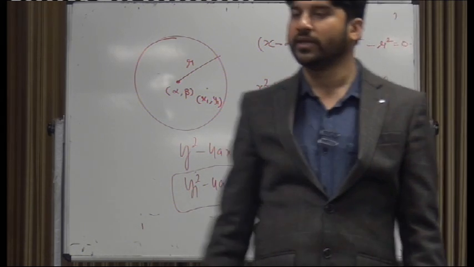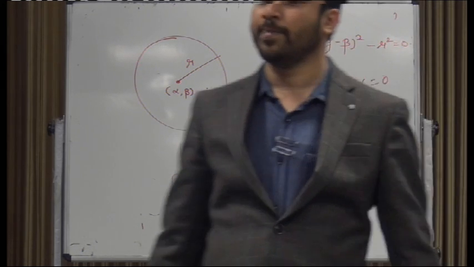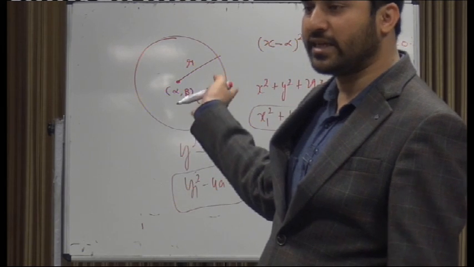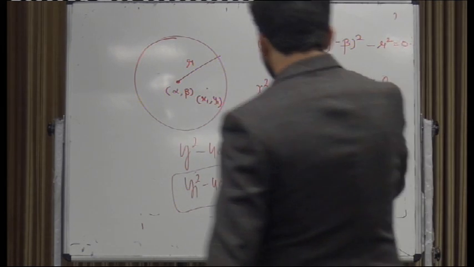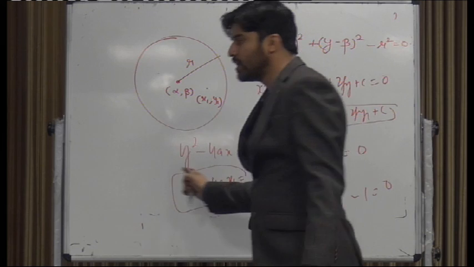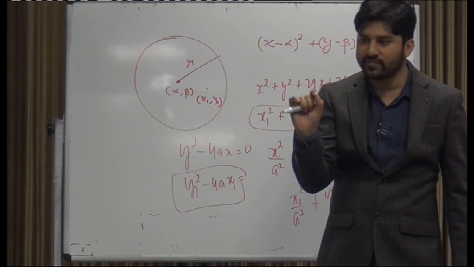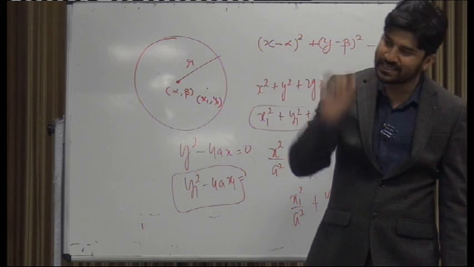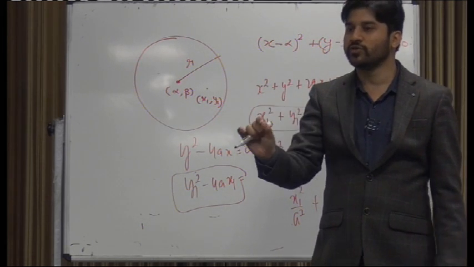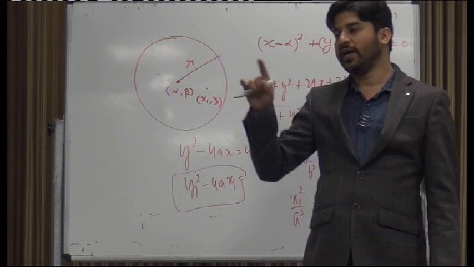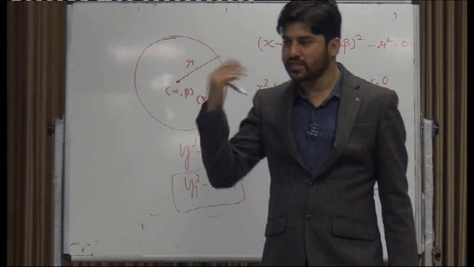But in case of hyperbola, see, in case of circle, ellipse and parabola, if the power is negative it means the point is inside, if it is equal to 0 it means on the curve, and if it is greater than 0 it means it is outside the curve.